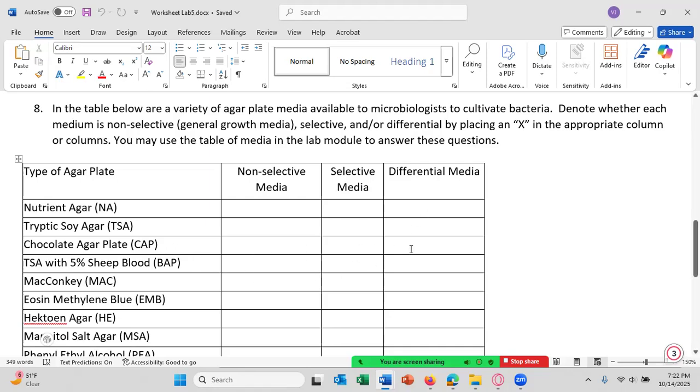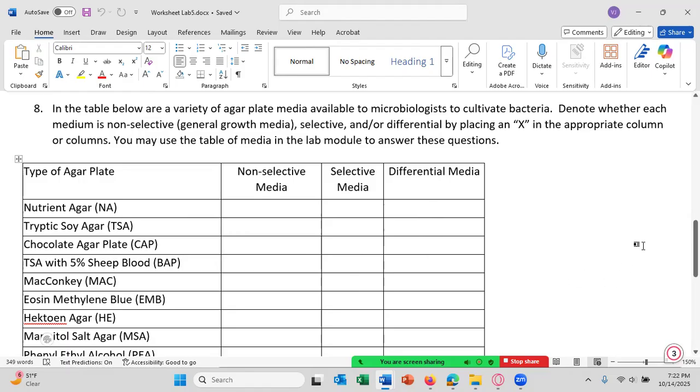And I'll give you a hint that none of them are both non-selective and selective. They're either non-selective or selective. So the most you'll get is 2 X's on each media. So tell me, nutrient agar, put an X here if you think it's non-selective, put an X there if you think it's selective, put an X there if you think it's differential.